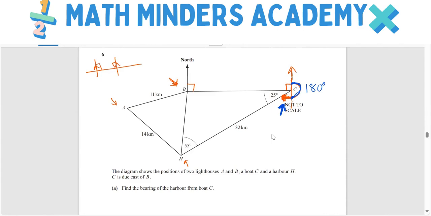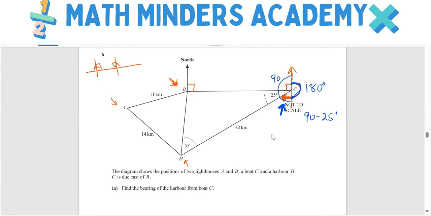Now, it's very easy to find. This is 25. So 90 minus 25 degrees, because this is another straight line. This is 180 and this is 90, and this is 25.